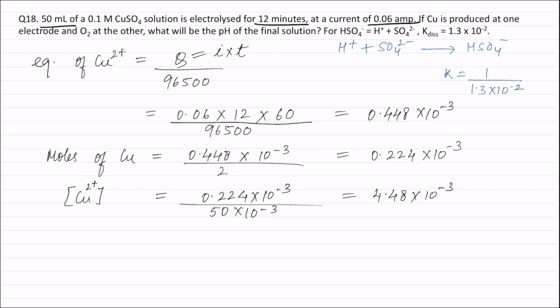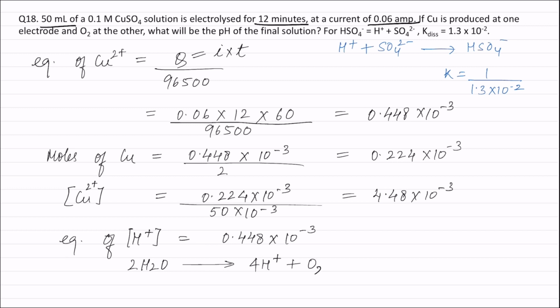Now, equivalents of copper discharged is also equal to equivalents of H⁺ ions. Therefore, equivalents of H⁺ ions will also be equal to 0.448 × 10⁻³. Now, H⁺ ions are there in the solution because of the reaction that can be written as 2H2O, which dissociates to give 4H⁺ ions plus oxygen gas evolved plus 4 electrons.